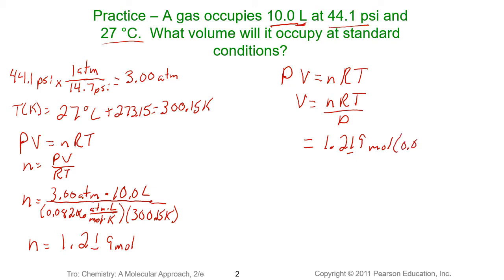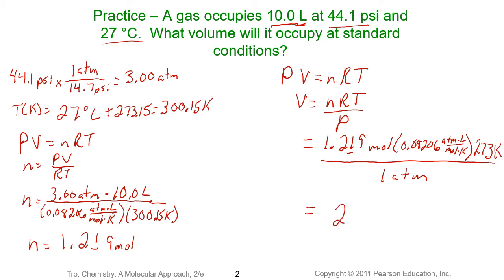R is our ideal gas constant, times our temperature. Remember, we're at standard temperature, which is 273 Kelvin. We divide by our pressure, and under standard conditions, that's 1 atmosphere. And we find that we have 27.3 liters of gas at standard temperature and pressure.